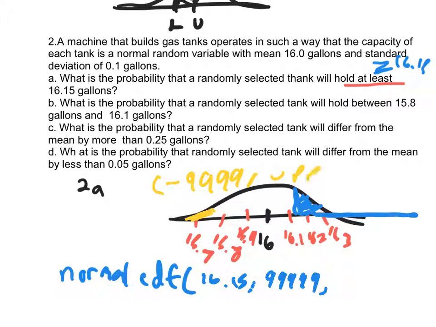But in this case, I had to plug in the mean and standard deviation, so that was 16, comma, 0.1. So you key that in, second distribs, normal CDF, you'll see it at the top of the list.